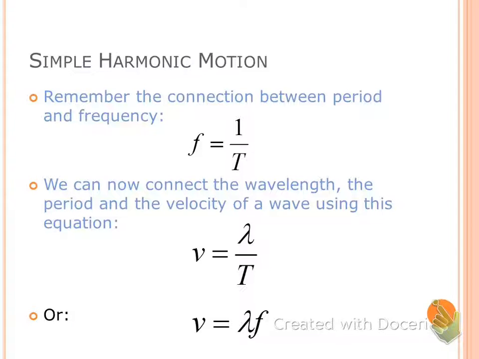Now we can take velocity equals wavelength over time: how long the wave is divided by how long it takes to travel. Or we can take velocity equals wavelength times frequency, because those are essentially just reciprocals of each other. So those are two new equations that you want to have down, probably on your equation sheet. If you want a new equation sheet for this chapter, you can come grab one.